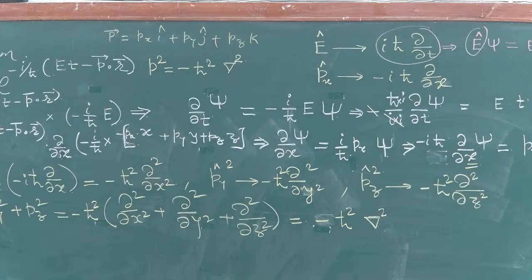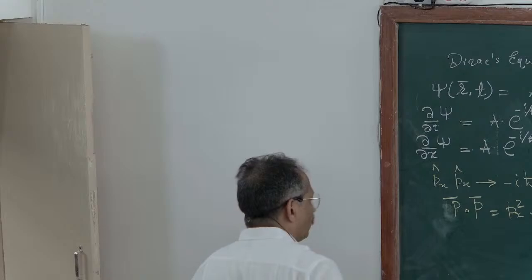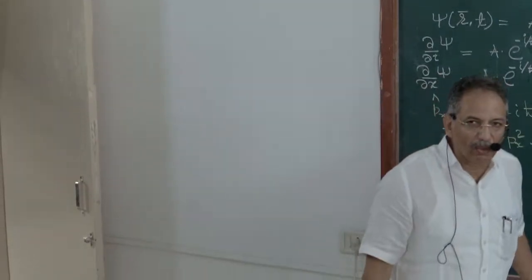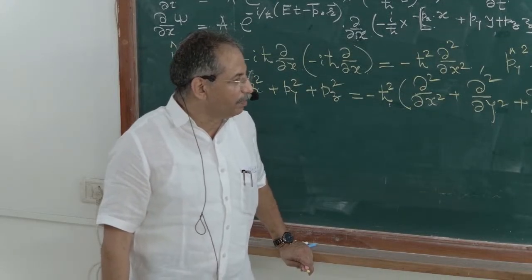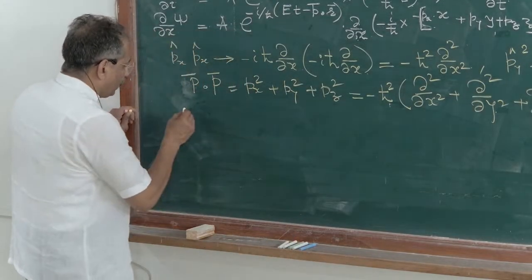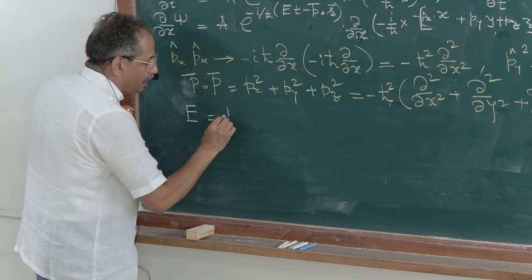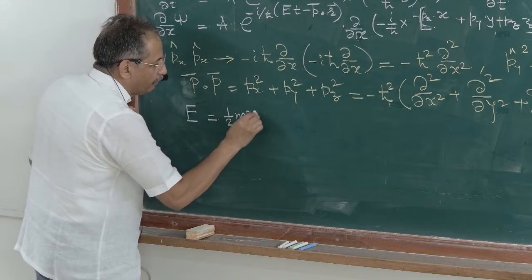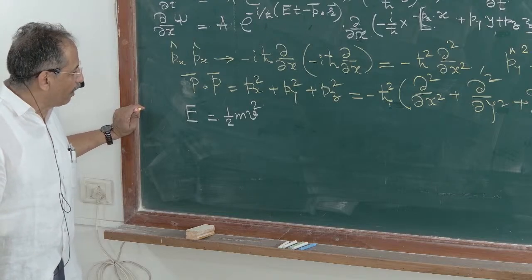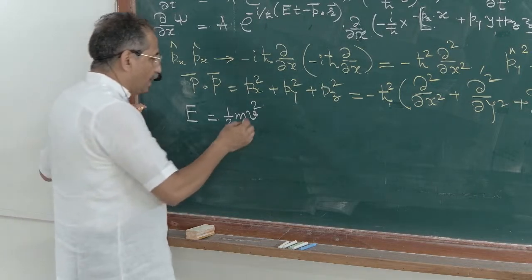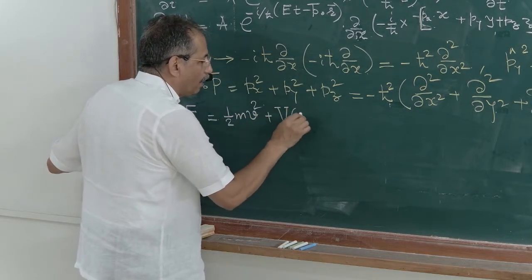Now, when we want the Schrodinger equation, that is non-relativistic quantum mechanics I am talking about, there we are talking about energy as kinetic energy plus potential energy. So total energy E is equal to kinetic energy, which is 1 by 2 mv square, where m is mass of the object, v is the velocity of the object, plus potential energy V, that will depend on position.